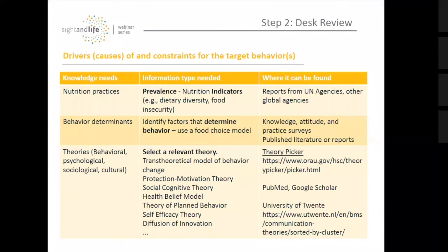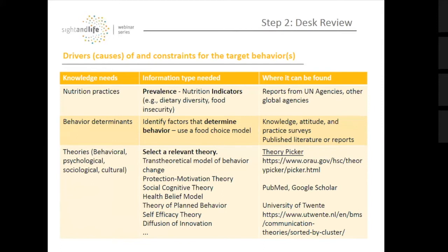For example, in the anemia control program, we've defined our knowledge boundaries to be purchasing and meal preparation of vegetables and eggs among families. So the type of information I will now need would be related to prevalence data. Specifically, I'm looking for nutrition indicators such as dietary diversity and food insecurity.